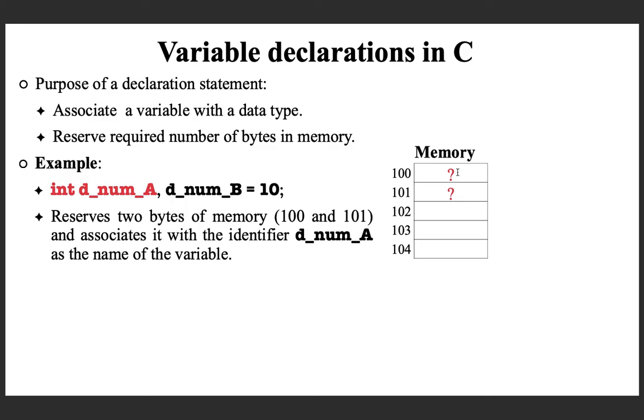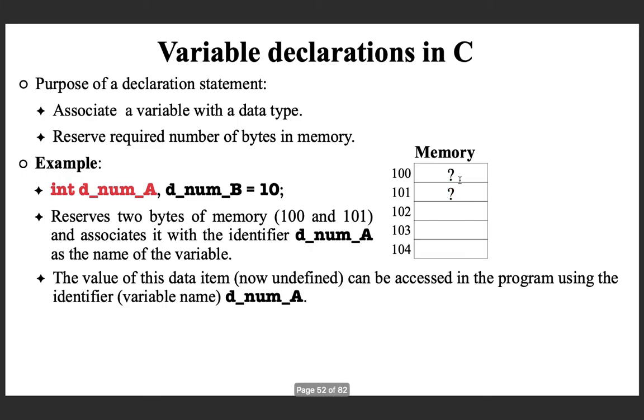Maybe previously some binary digits are there. If you read it and print it, you will get that value, but we don't know what it is. And the value of this data item, in this case undefined, can be accessed in the program using the identifier or variable name, in this particular example, dnum A. The moment you say dnum A in your program, you are referring to this location.